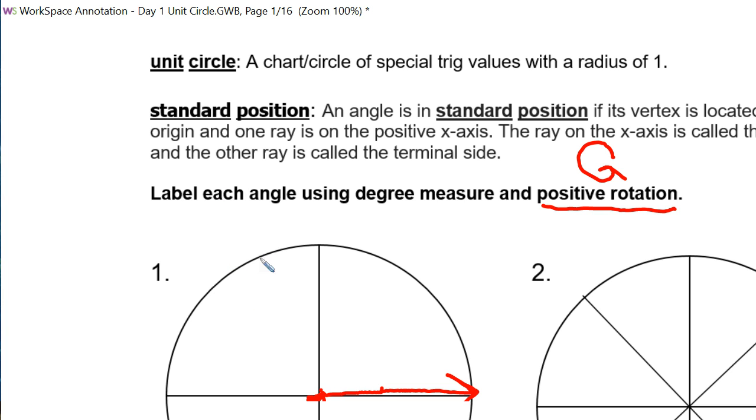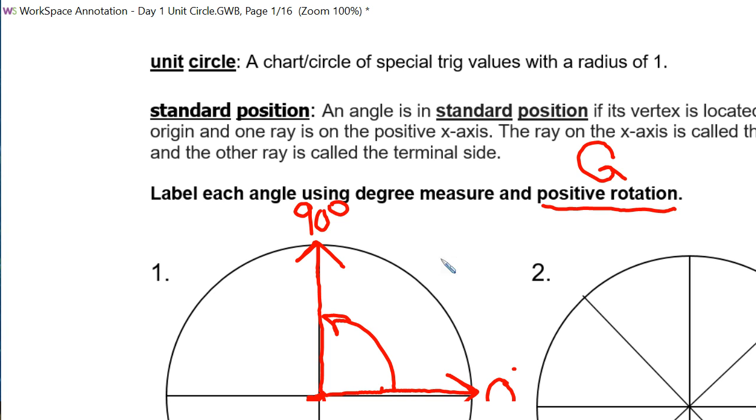Well, first of all, what is this degree right here? We started at 0 degrees. So 0 degrees is at the end of the positive x-axis. And at the top, we have 90 degrees.